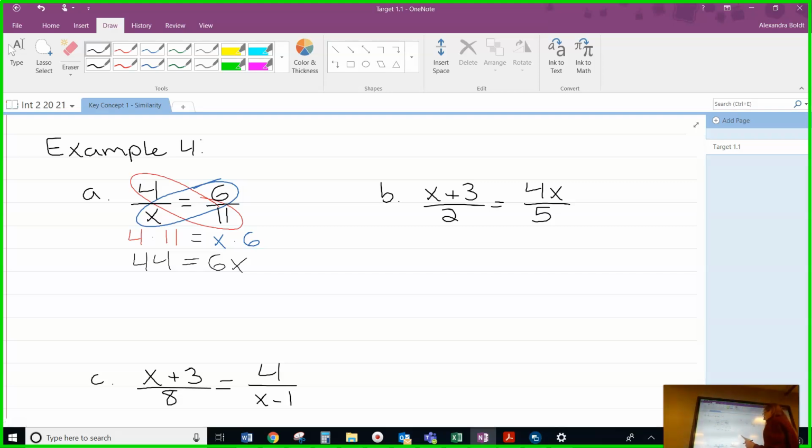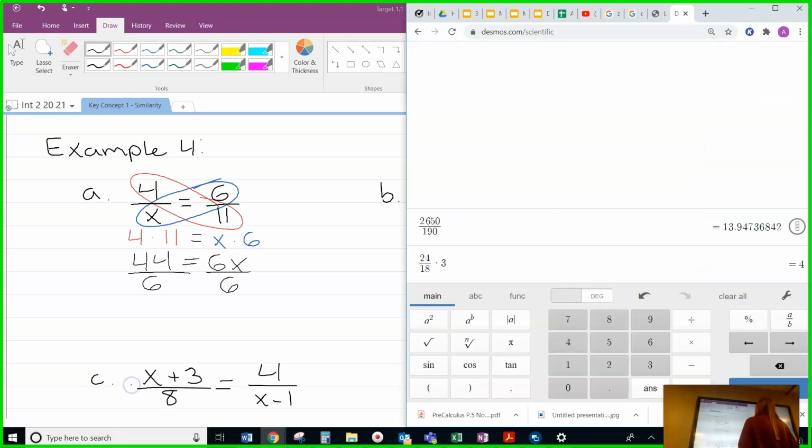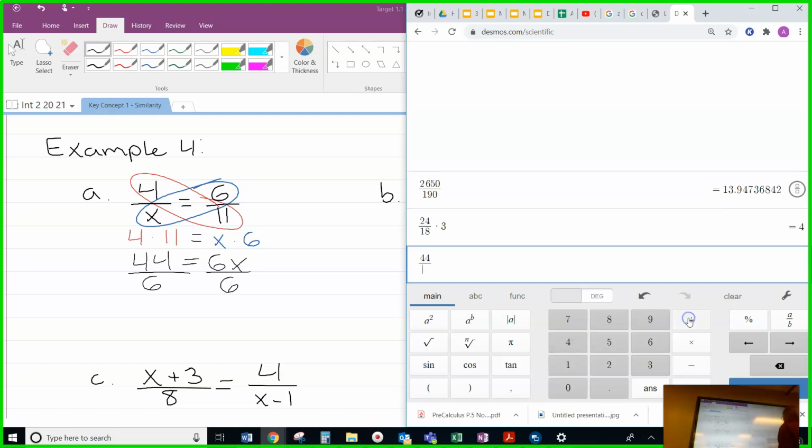We're going to divide by 6. Well, 44 divided by 6, using my handy dandy calculator, and we can round, that's fine, so I'll say 7.3.